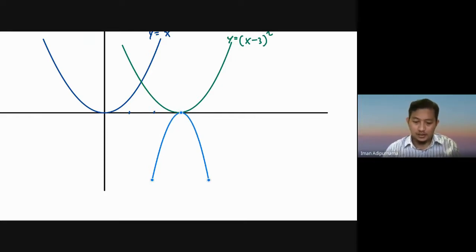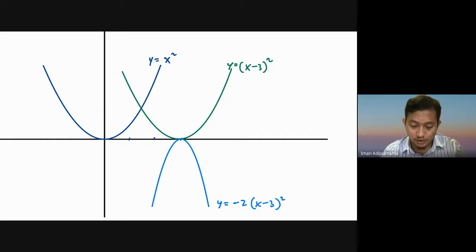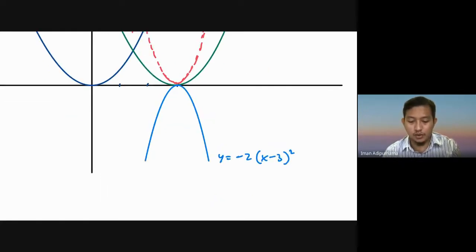Maybe that is our minus 2 times x minus 3 squared. Okay, so we reflect and then we multiply by 2. Or you can multiply by 2 first and then reflect. So you can check the multiply by 2. Maybe I draw here, this is multiplied by 2. Okay, and it reflects and it becomes this blue one here.